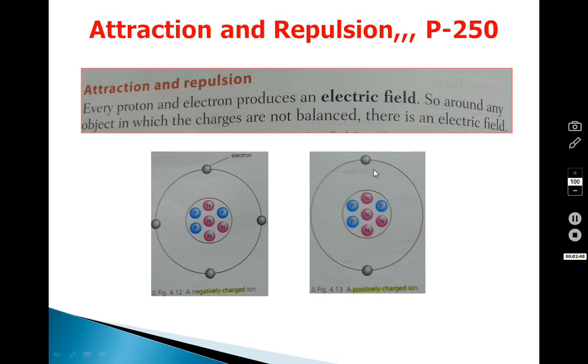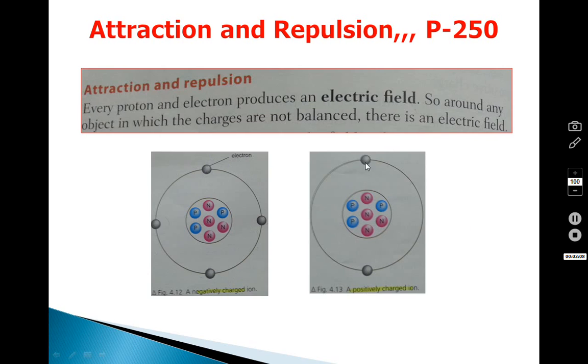Also, in this atom here, if the number of electrons is less than the number of protons, the charge will be positive. Or we can say it another way: protons less than electrons, so negative charge.